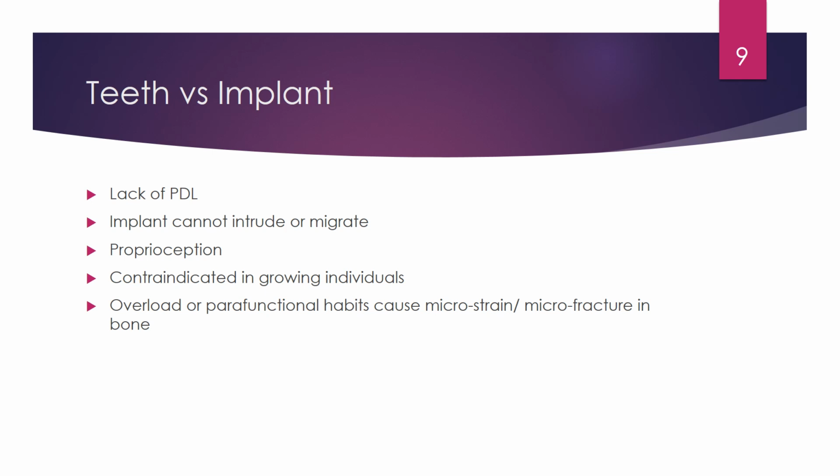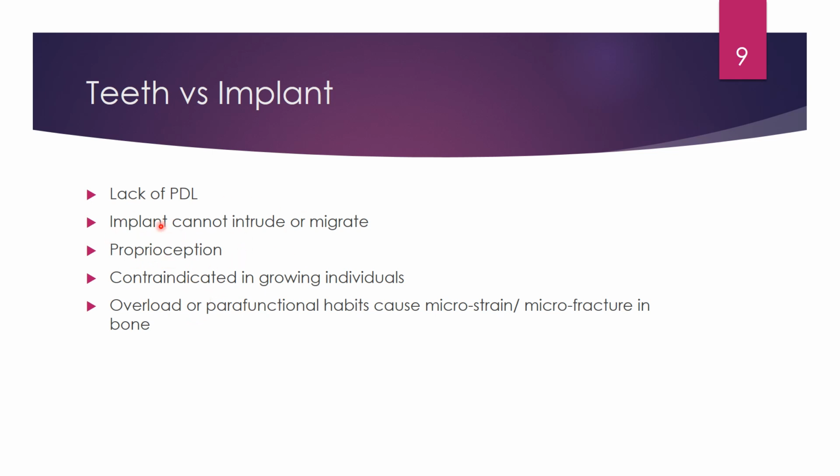Okay, so coming to teeth versus implant. What happens is in an implant there's lack of PDL. Implant cannot intrude or migrate. So there's a concept of proprioception, which basically means a sensory process that acts to program and monitor the motor responses.